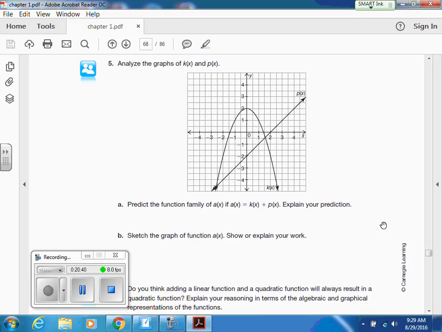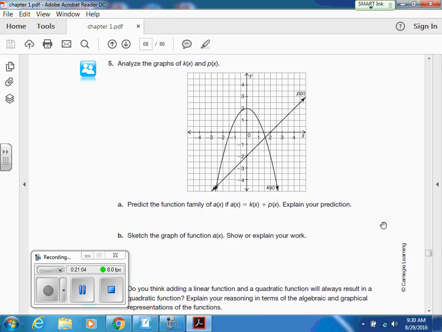No? Okay. I thought they weren't the same. Quadratic again? Okay. If I add them together, it's going to be a quadratic again. Think about what makes it a quadratic, the x squared.